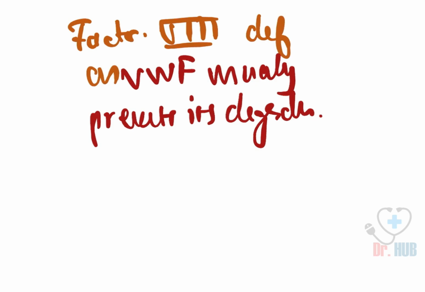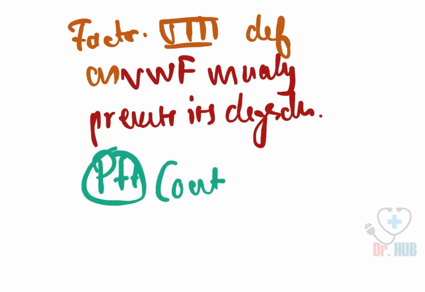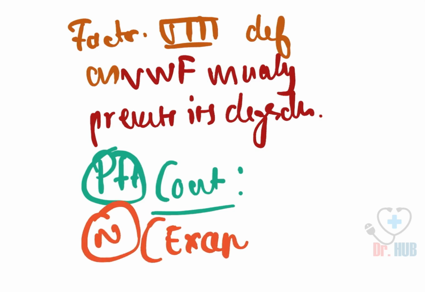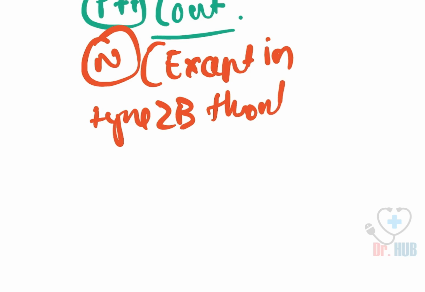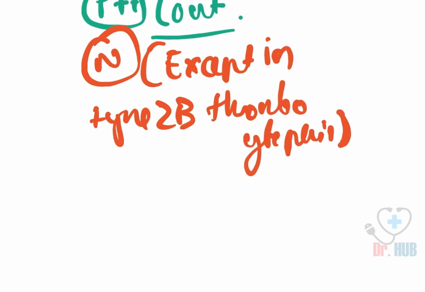Then we look at the platelet count. In case of the von Willebrand's disease, it is normal, except there's an exception, except in type 2B, which shows thrombocytopenia.